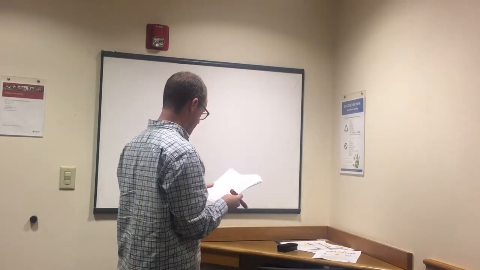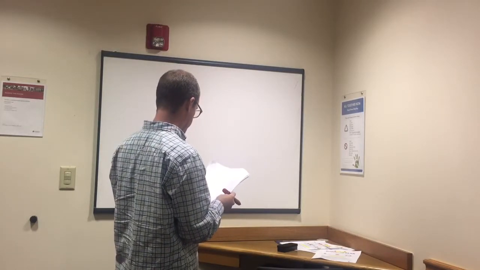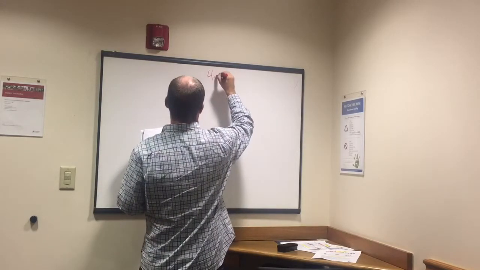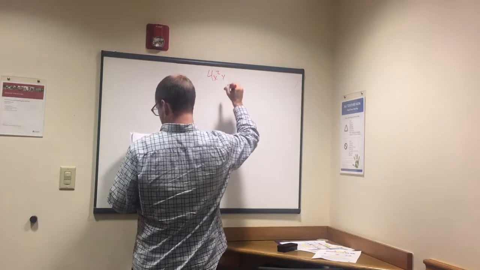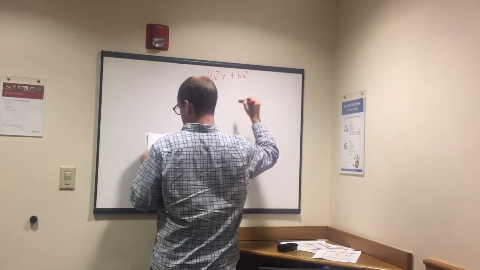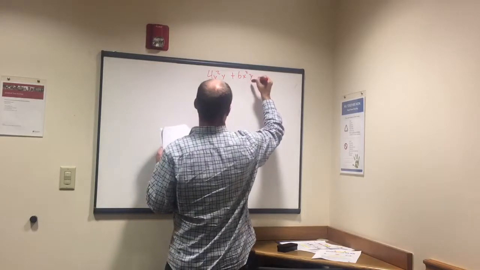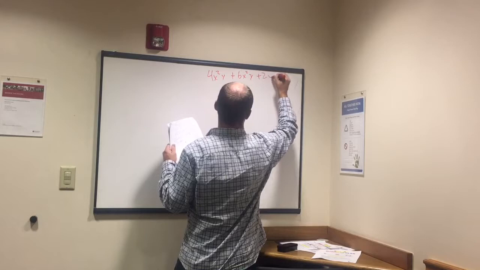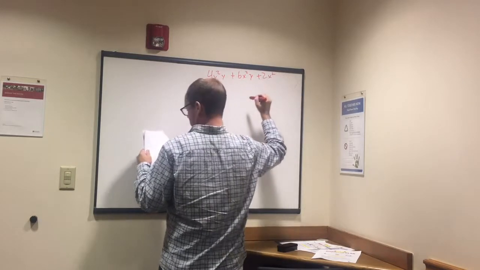Okay. Alright, we're going to do another one. Okay, this one is long. 4x squared y plus 6x squared y plus 2x squared.